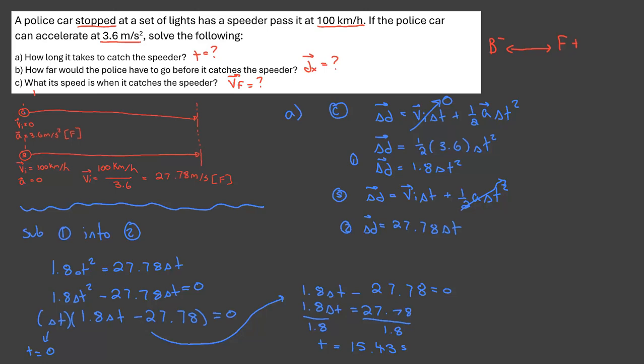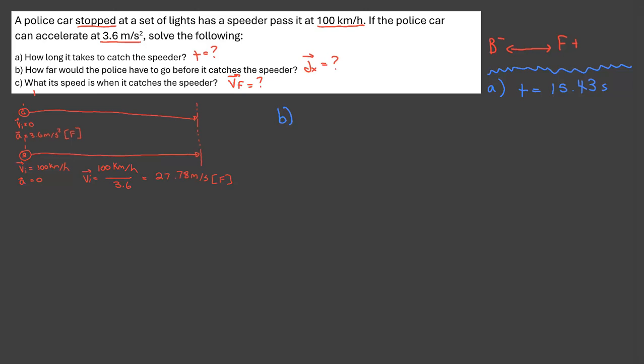Like we stated, they intersect at the beginning, and then finally, after some 15.43 seconds, their distances are going to intersect again. So pretty cool concept there. And to conclude the question, we can say, therefore, it takes the cop 15.43 seconds to catch up to the speeder.